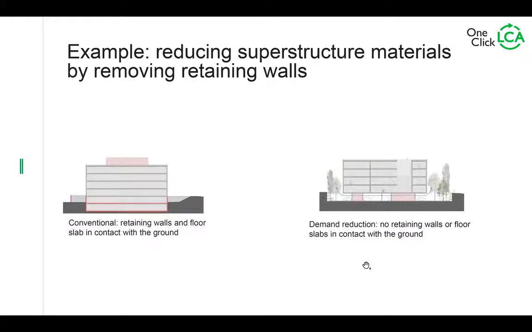An example I particularly happen to like is removing retaining walls. I call this the IKEA style construction. For some reason, many of the IKEAs I have been in have a car deck under the building, but the building is standing on columns and there's no walls around it. And obviously they don't have any benefit from being there.